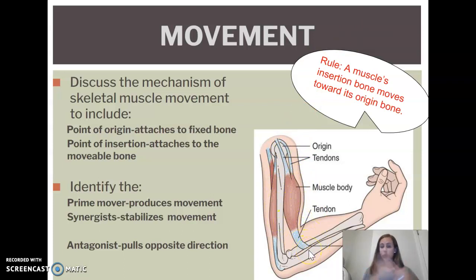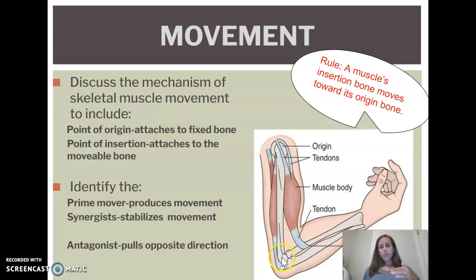And just a general rule of thumb is that when the actual muscle belly or the muscle body itself contracts or shortens, it's going to pull the site of the insertion tendon in the direction of the site of the origin tendon. I know that sounds tricky, right?